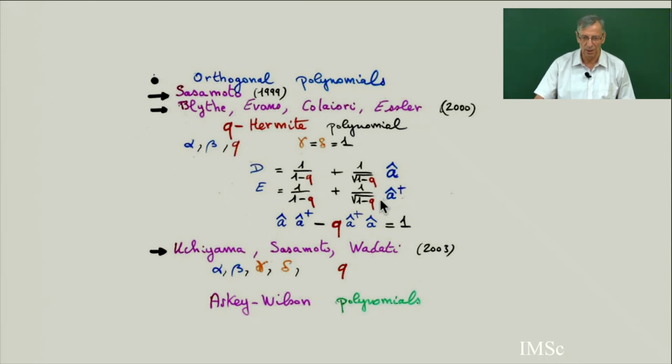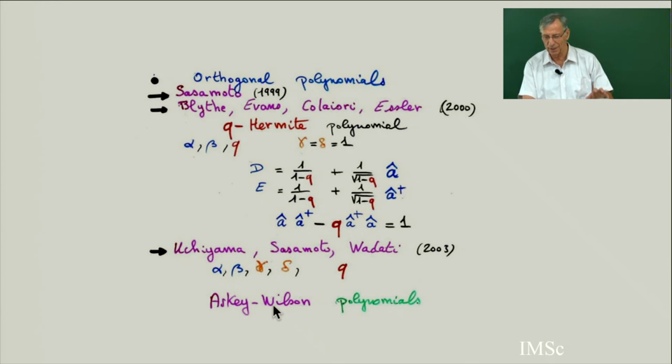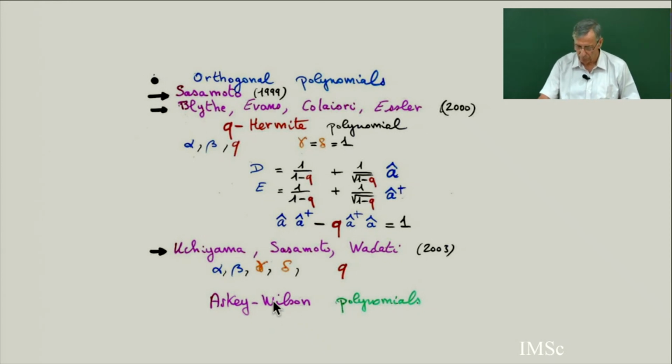So there is some relation, you see. And the full solution of the PASEP was given by these 3 Japanese people with 5 parameters, and the solution deeply involves the Askey-Wilson polynomials. So there is a very strong connection. That's why I will explain this connection, especially at this level with only 3 parameters.